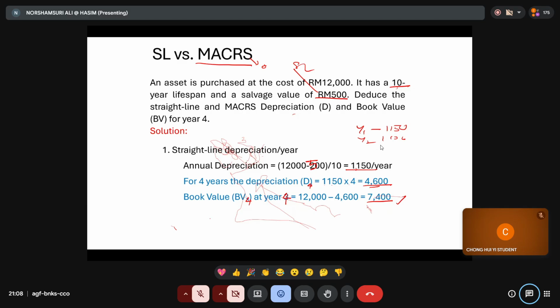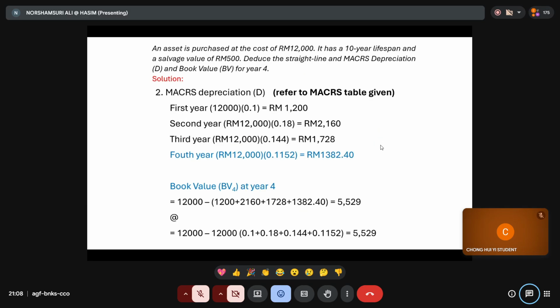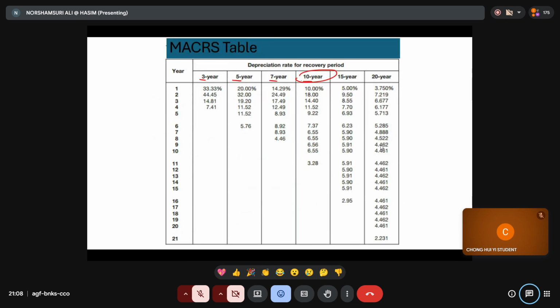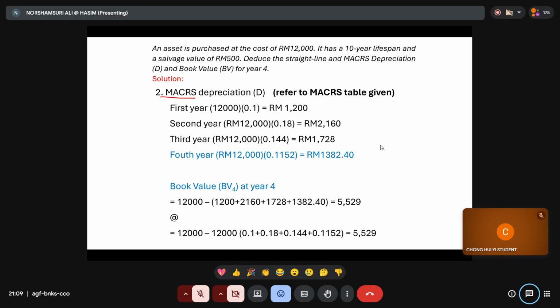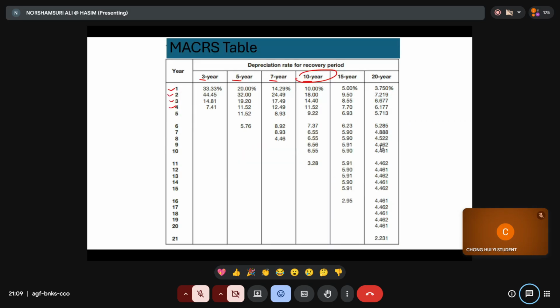Okay, never mind. So for the MACRS depreciation value, for example, we have to refer to the table. We already referred to the table just now, year 10. And then we have to understand that we want to take year 1, year 2, year 3, and year 4. So the first year is 12,000 times 0.1, then 0.18, 0.144, and 0.1152 or 0.0922, something like that.